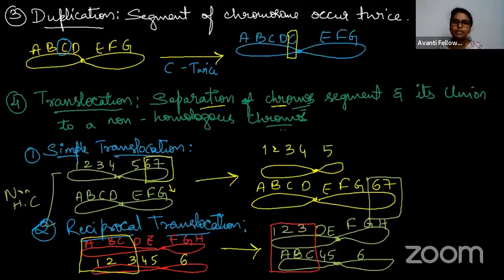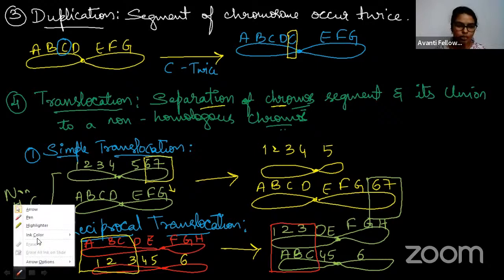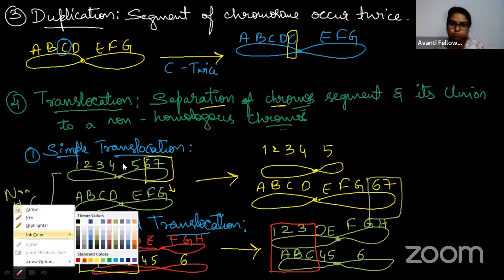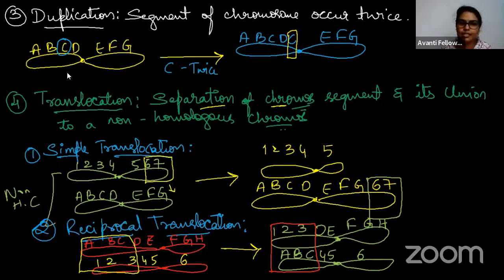Now, there are two more options called duplication and translocation. So what actually is duplication? See beta, it is a segment of a chromosome, and in this chromosome a segment will occur twice.